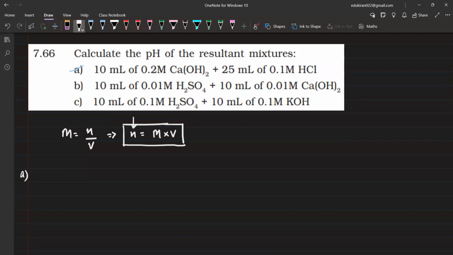Let me write the question here. 10 ml of 0.2 molar calcium hydroxide plus 25 ml of 0.1 molar HCl.